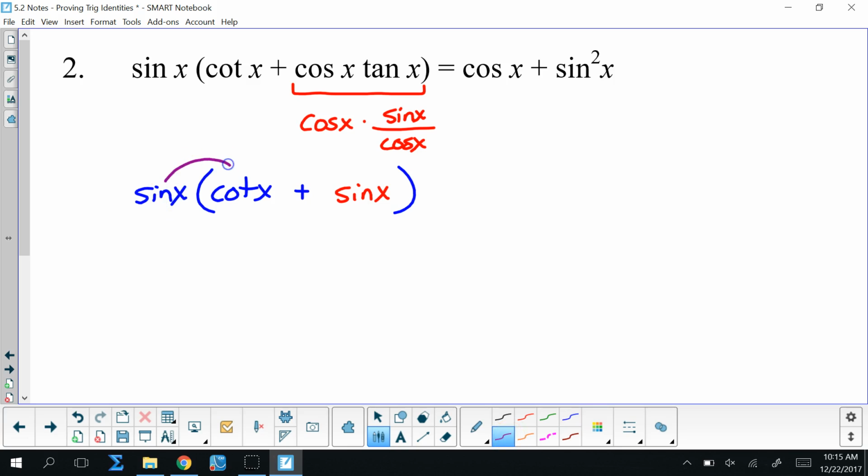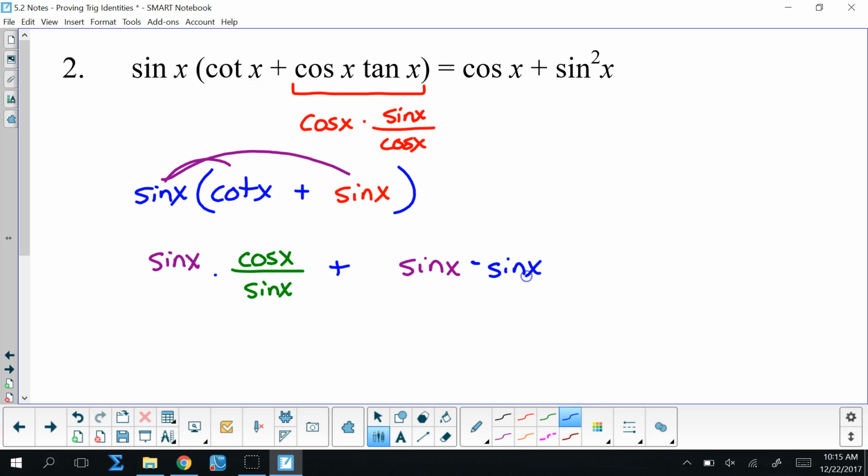If I distribute this in, I get the sine of x times cotangent, which is cosine of x over the sine of x, plus the sine of x times the sine of x, right?